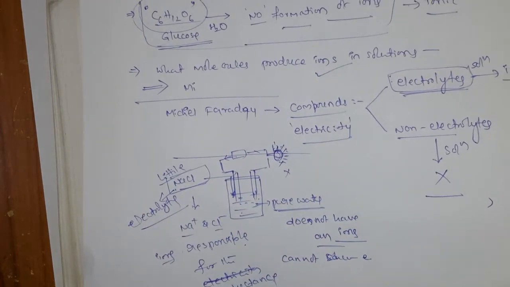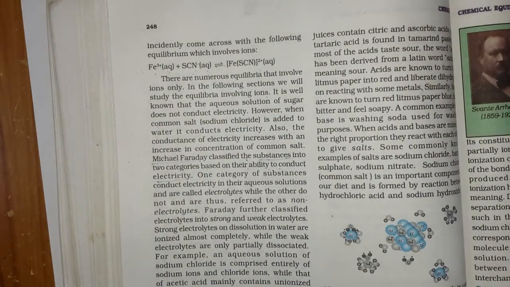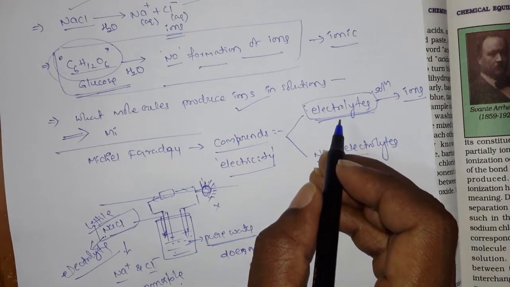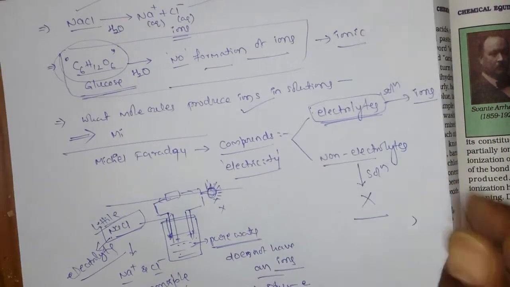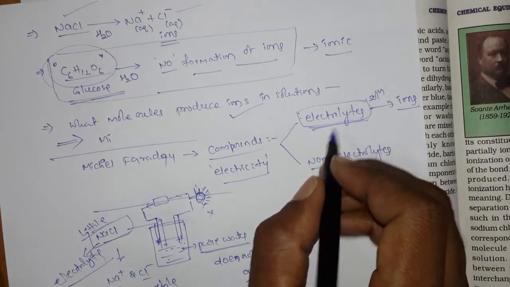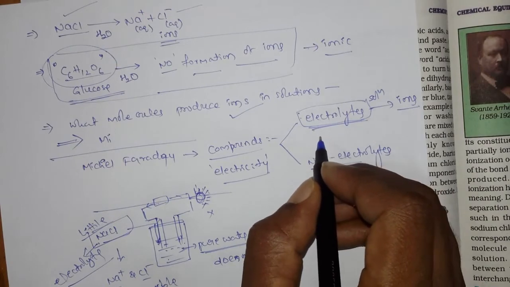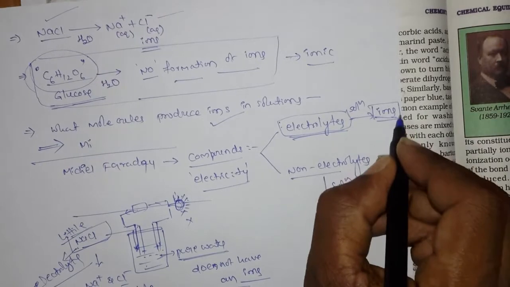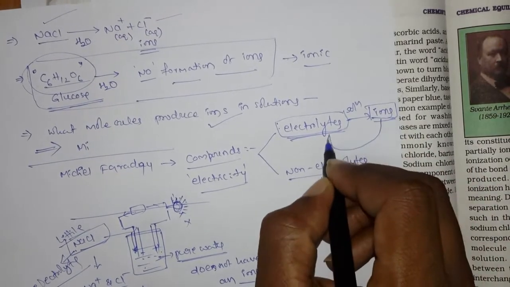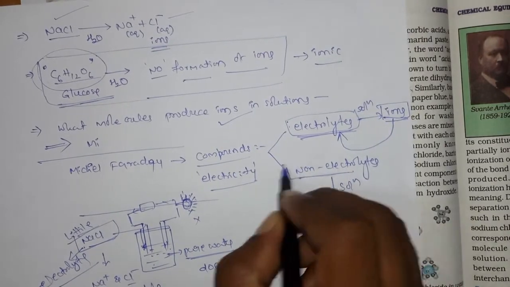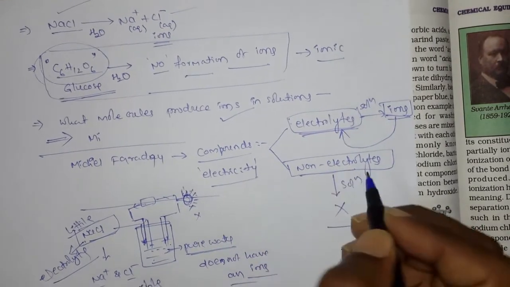Okay, so what is the electrolyte? Simply, the electrolyte is nothing but that which can carry the electricity when it dissolves into the solution. Okay, so another meaning is that when these compounds dissolve into the solution, they convert into ions, and these ions are responsible to carry the electricity. Okay, and then what are the non-electrolytes? Very simple.